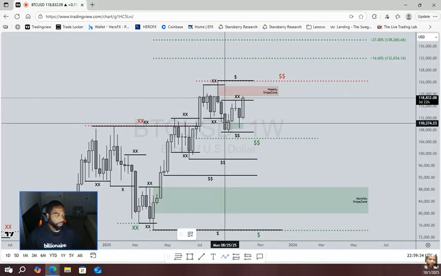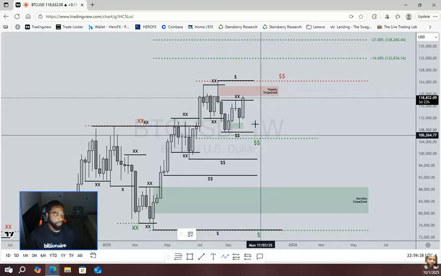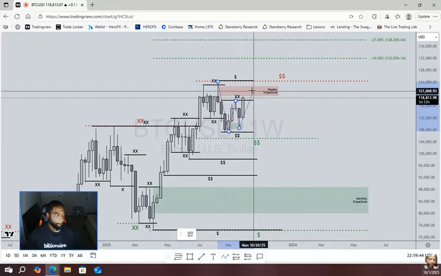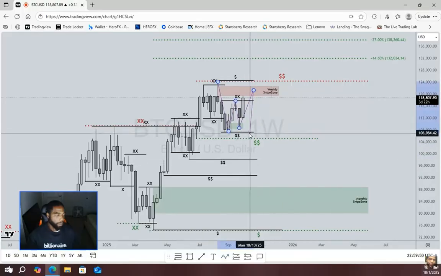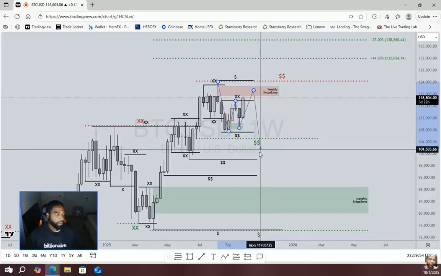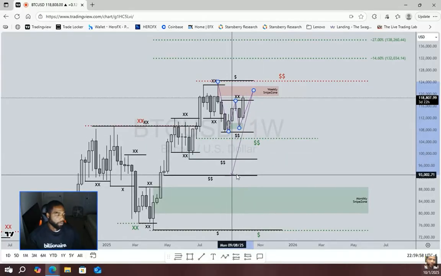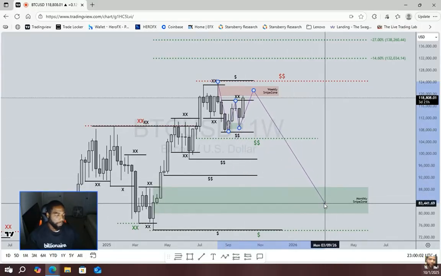Bearish expansion, bullish retracement, bearish continuation. Coming down, targeting these equal lows, these monthly equal lows here. We have equal weekly lows here, equal weekly lows here. Got the monthly snipe zone here.